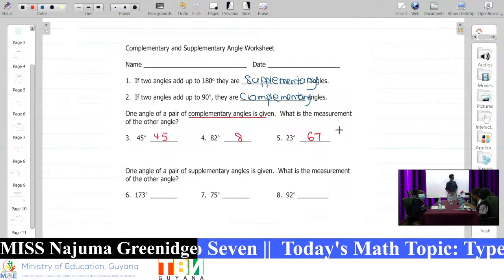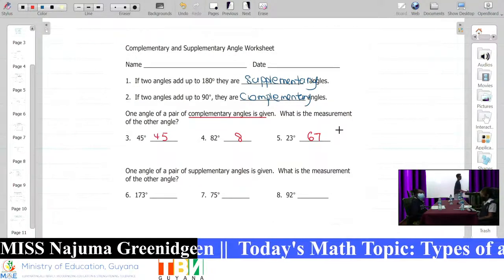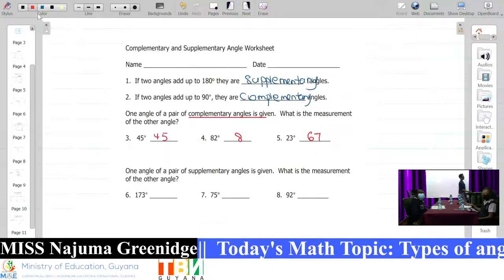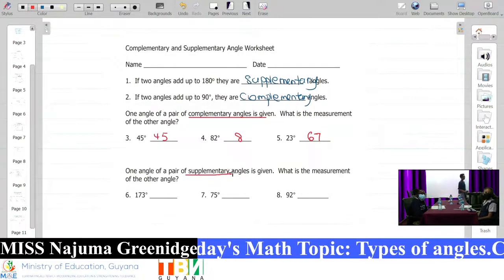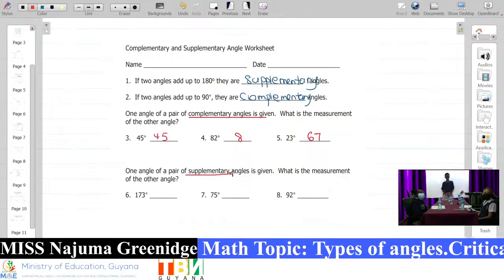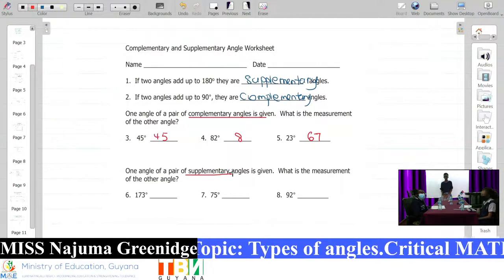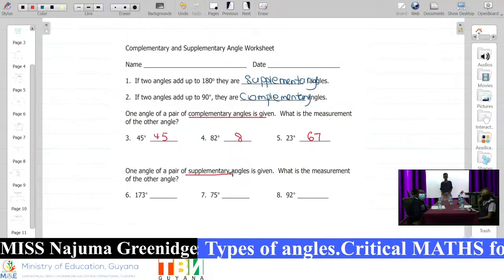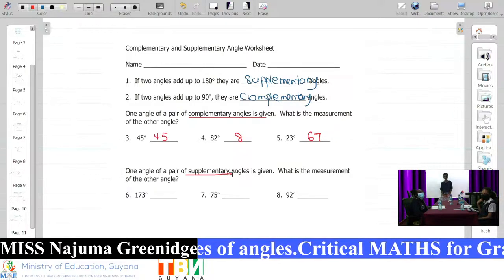All right, so let's do one more on the sheet here. One angle of a pair of supplementary angles is given. Our keyword here is supplementary. And so if one of them is 173, the other is going to be, come on, do the math.